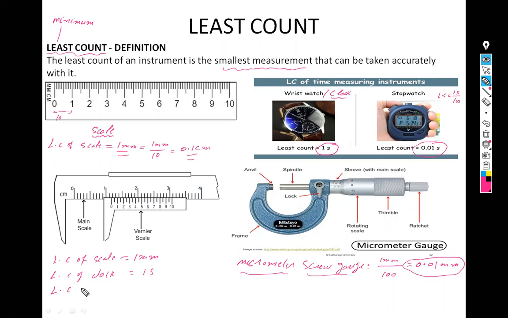The least count of stopwatch is 0.01 seconds. Now the least count of screw gauge is 0.01 millimeter.